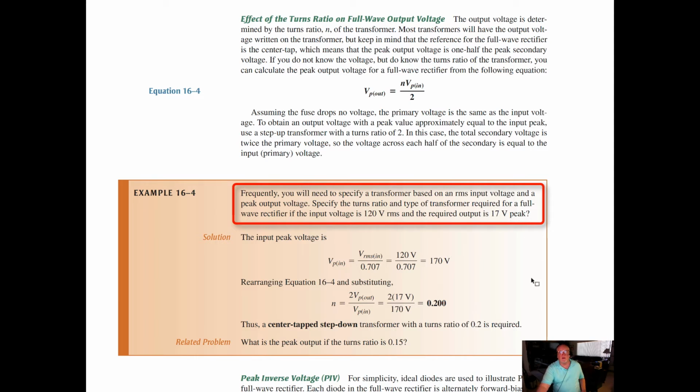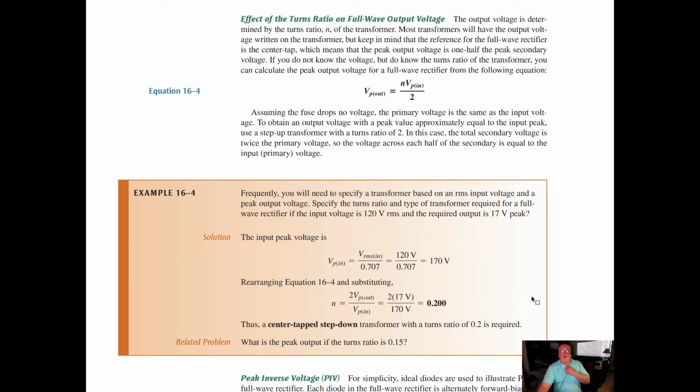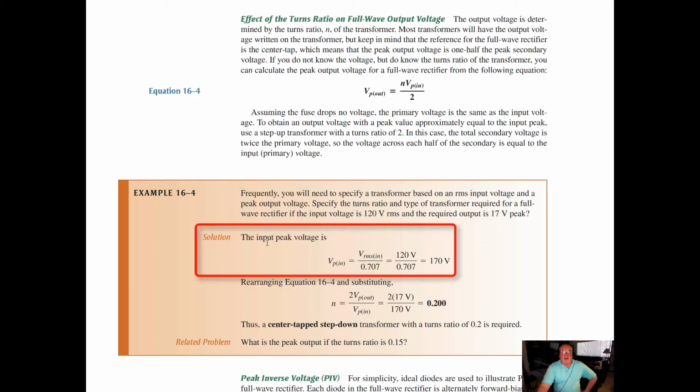So we're going to do a little bit of our conversions here between peak and RMS. The input peak voltage is VRMSN divided by 0.707. Okay, we've seen that before.